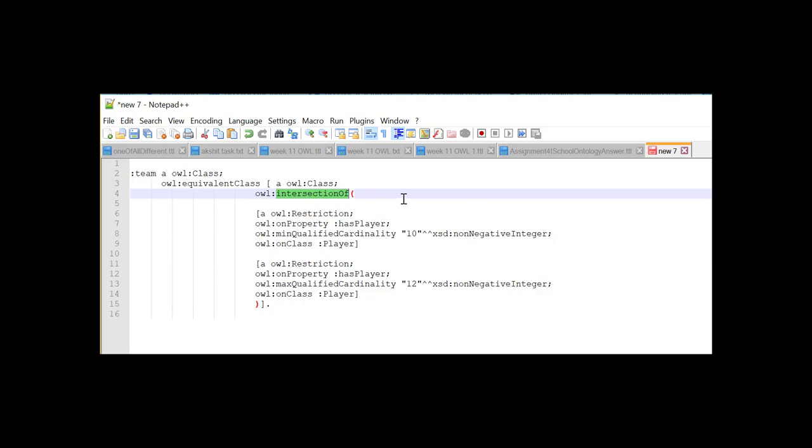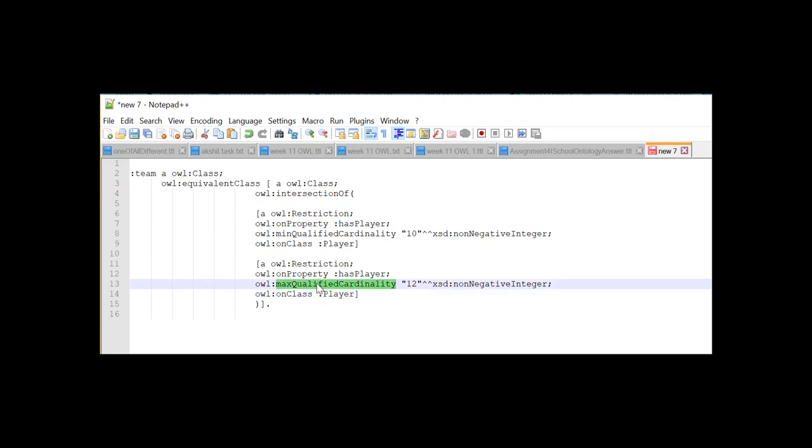In the intersection of these two circles will be anything that has between 10 and 12 players, right? Those are the members falling into our team class, because our team class holds the members that belong to both of these two unnamed classes.